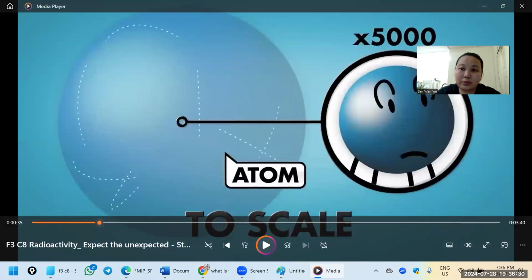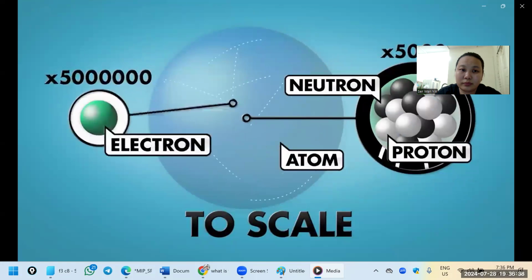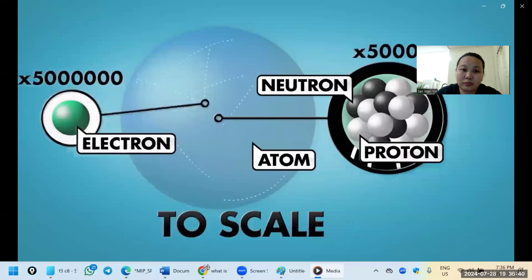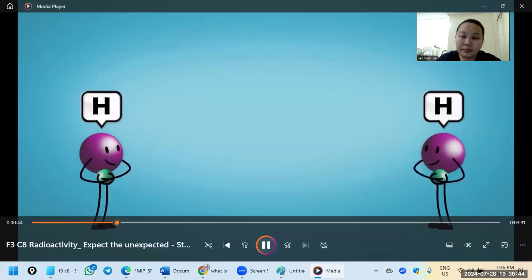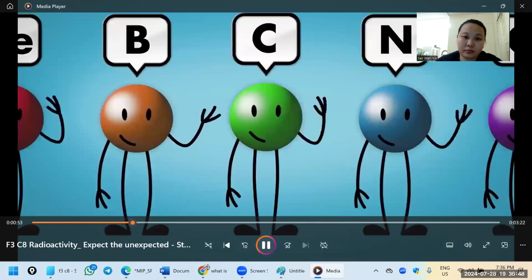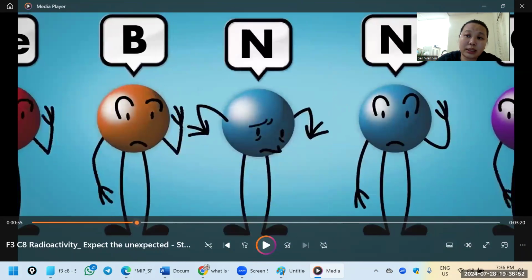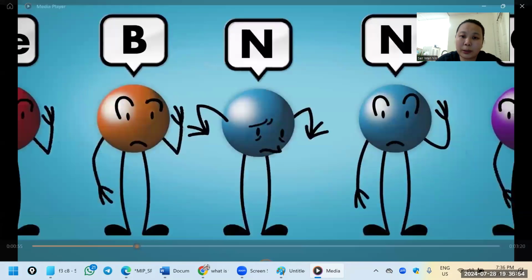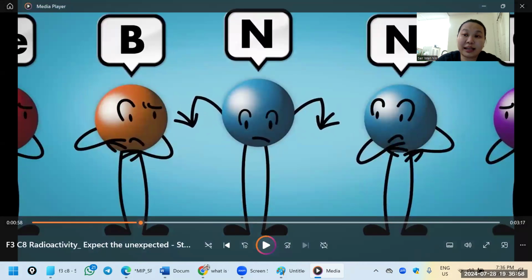The nucleus is much smaller than an atom. Why does carbon suddenly become nitrogen? That's right. Carbon suddenly becomes nitrogen.